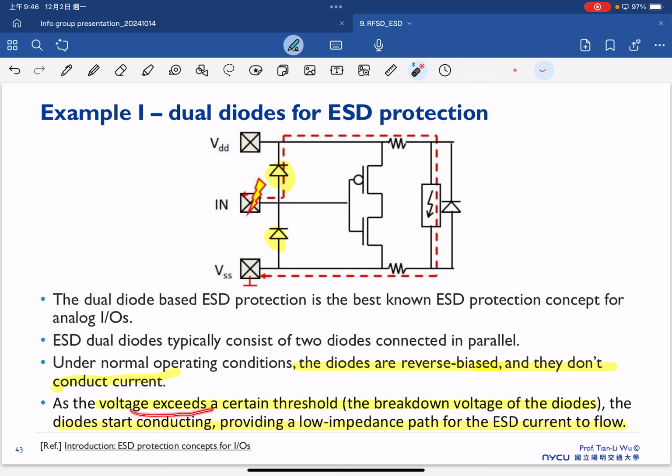But as the voltage exceeds a certain threshold, for example the breakdown voltage, the diode starts conducting, providing a low impedance path for the ESD current to flow. So that's what we have already talked about. Once you have an ESD event here, this will start to turn on. Or once you have an ESD event here, you might also start to turn on this one as well.